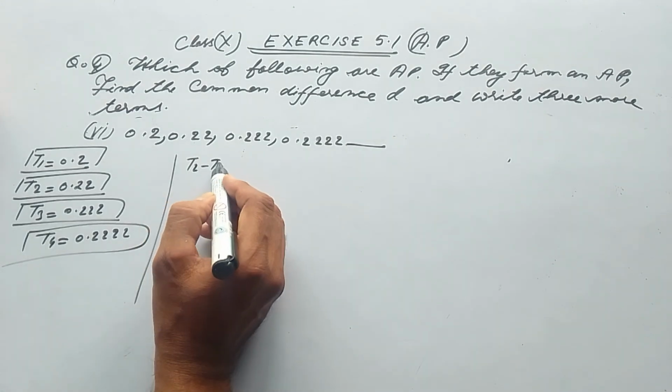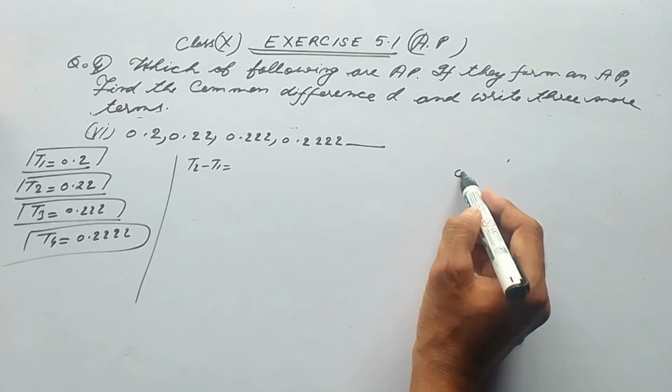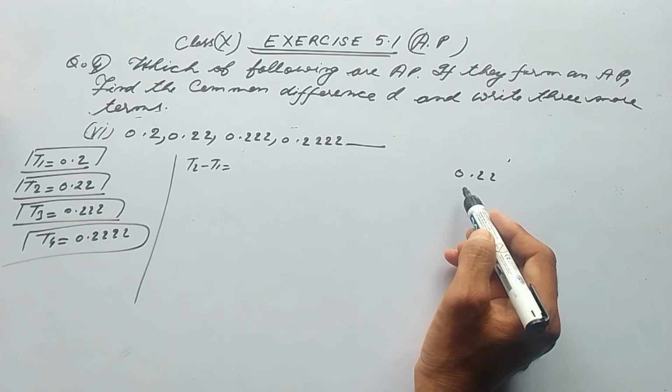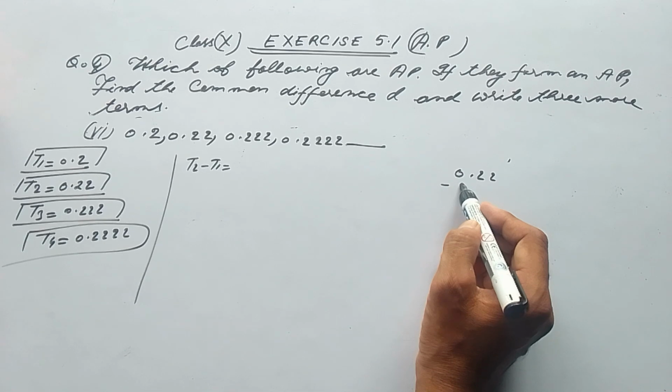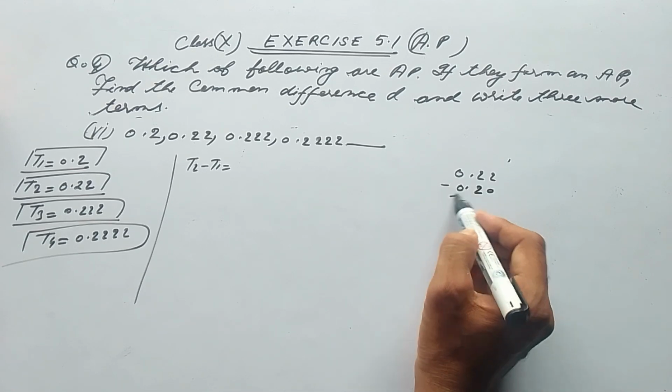Now T2 minus T1. T2 we have 0.22 minus T1, 0.2.